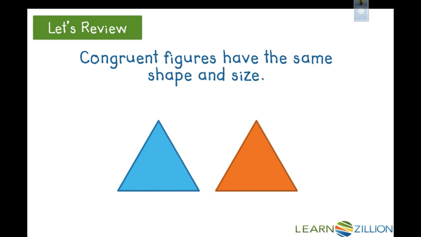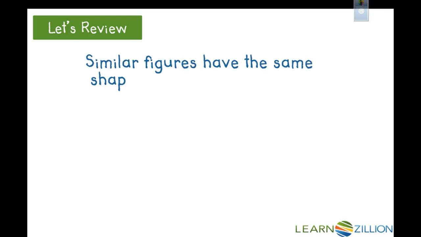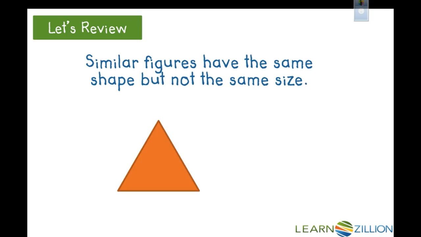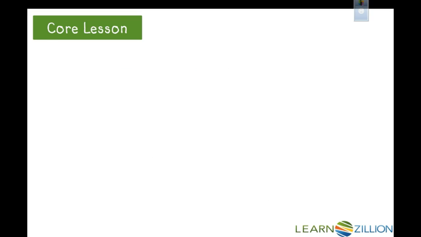These two triangles are congruent. Similar figures have the same shape, but not the same size. These triangles are similar, but not congruent. Similar figures are proportional. Notice how the orange triangle's sides are double the size of the blue triangle.